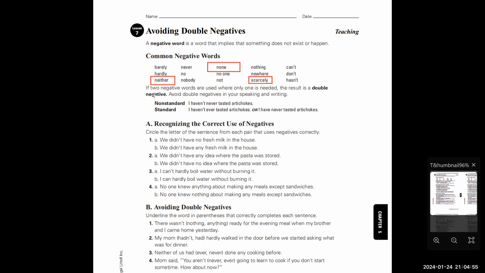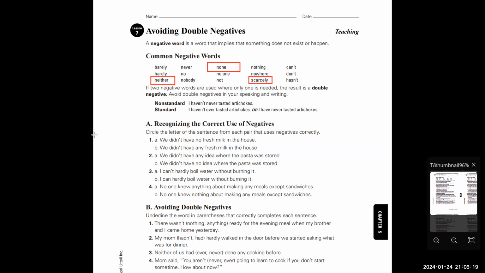So please continue reading under the common negative words. If two negative words are used where only one is needed, the result is a double negative.